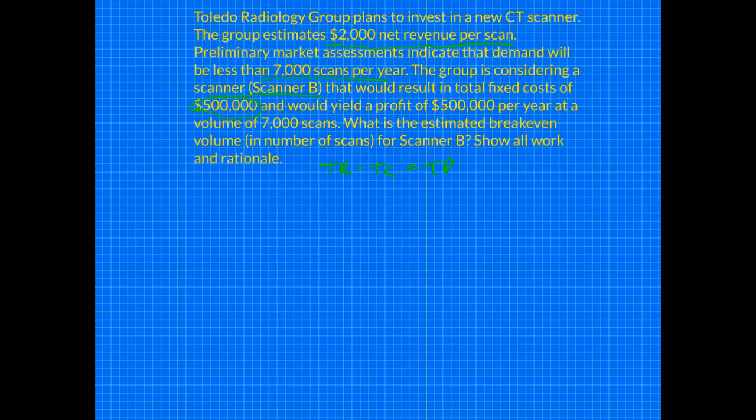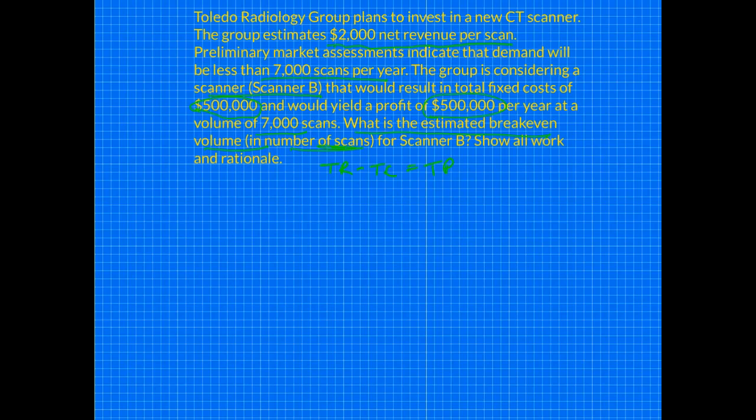That would yield a profit of $500,000 just by coincidence at that volume of 700 scans. Here's the twist: what is the estimated break-even volume in number of scans? Okay, that's what we're going to come up with for the Scanner B. So let's talk about break-even.